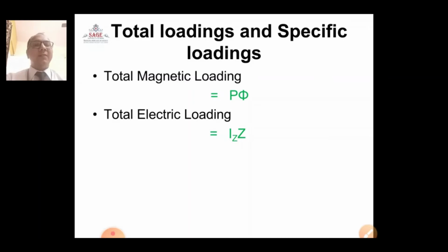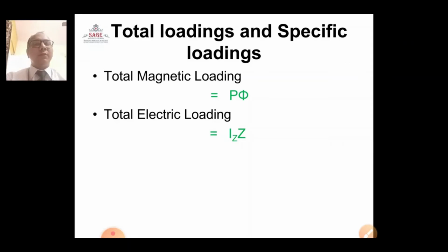If we find the per phase current from the winding pattern, like star or delta, then we can also find the current flowing in each conductor. Under balanced condition, this current will be the same. That current multiplied by the total number of active conductors Z used in forming the winding makes the total electric loading.